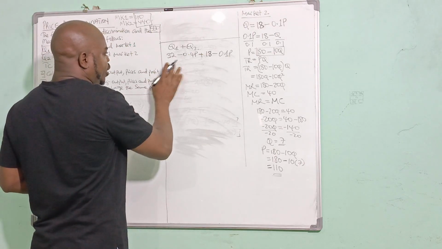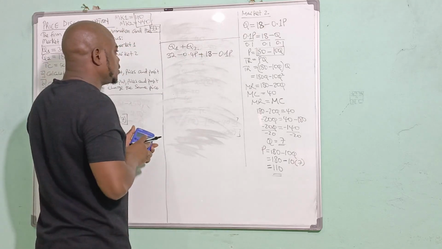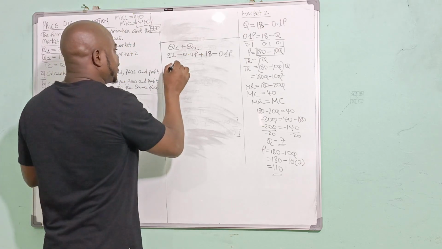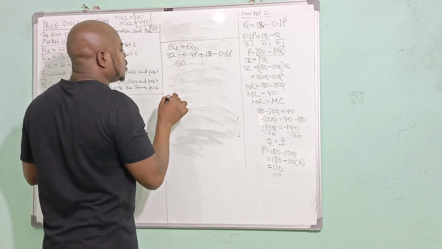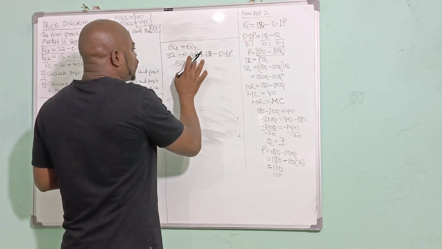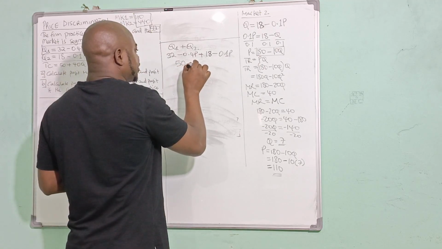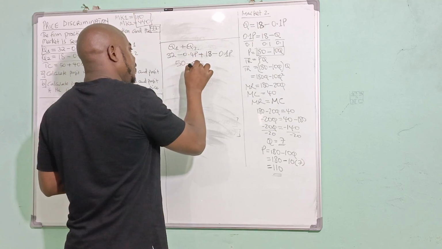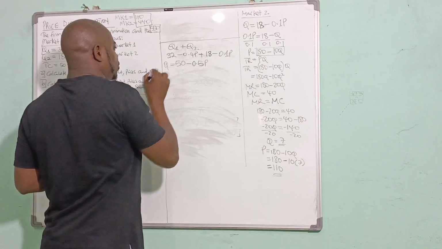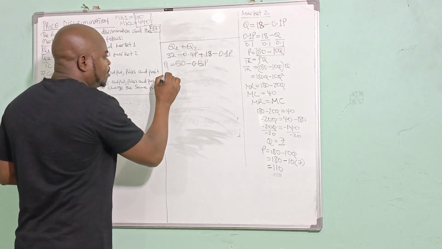So the total quantity now will be 32 plus 18, I have 50. And then we have negative 0.4p minus 0.1p, I have 0.5p here. So that's my Q. Remember the rules? We make P the subject of the formula.